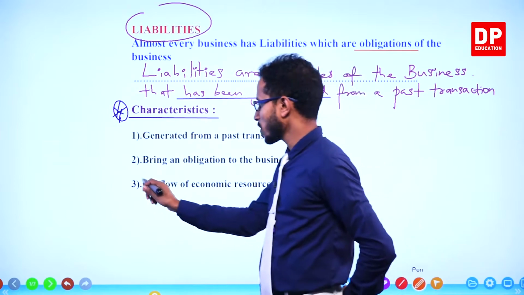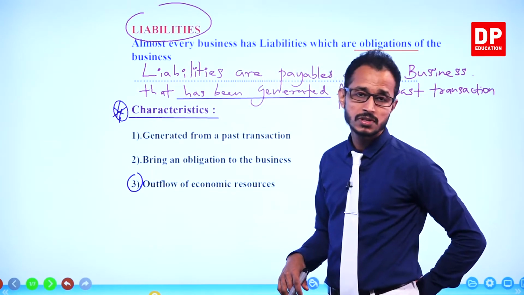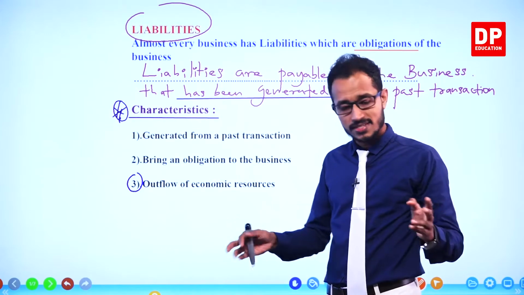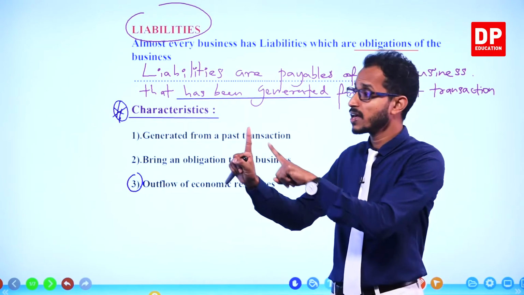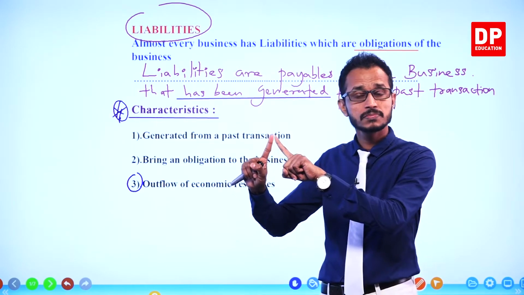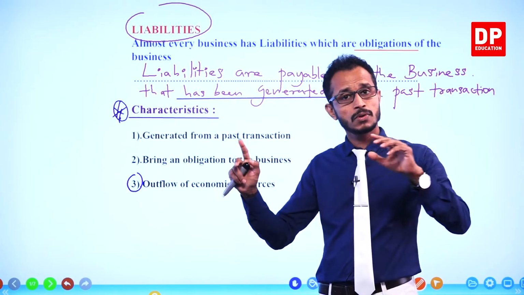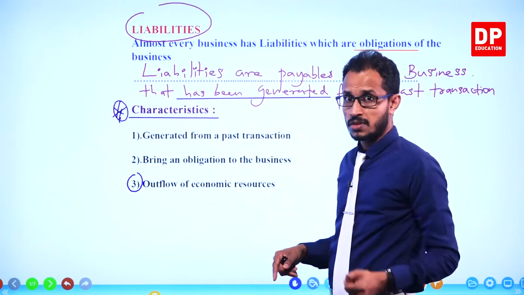I'll just explain this one. Outflow of economic resources. Can you remember when we discussed assets and characteristics of assets? You must.